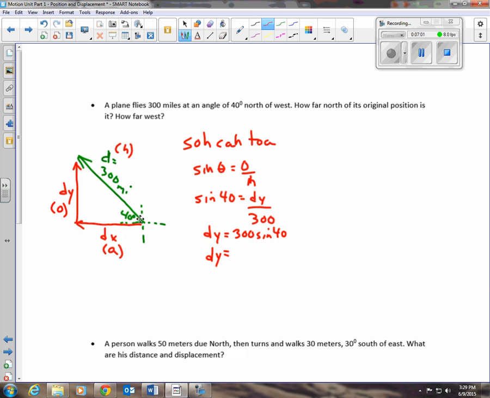So dy ends up being 192.8 miles. Okay. Now, that is called a y component. Okay, we could also call it the northward.